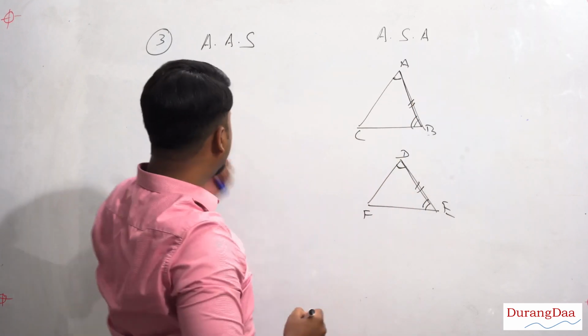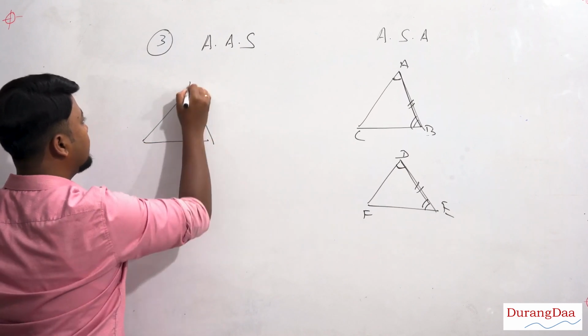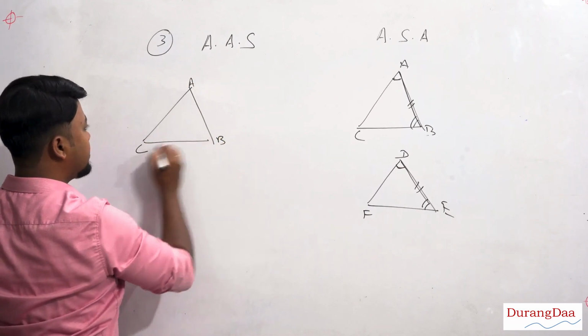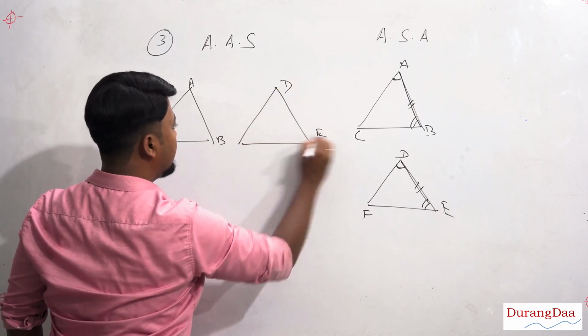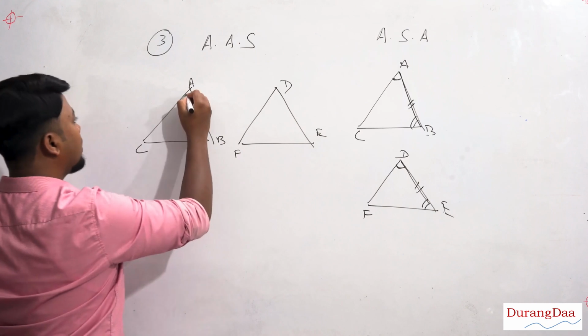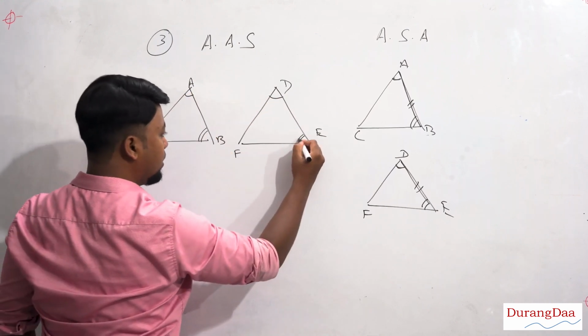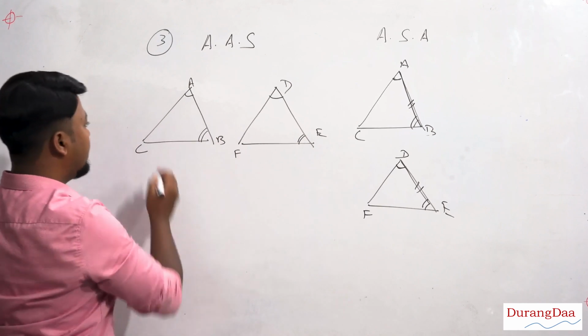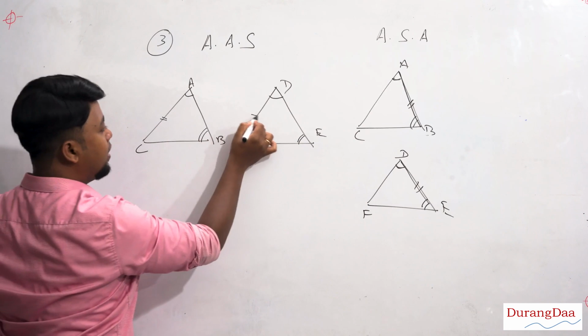All right, but in this situation, for angle, angle, side, suppose triangle ABC is there, another triangle DEF is there, angle A is equal to angle D, angle B is equal to angle E. All right. Now, here if it is given side AC is equal to side DF.